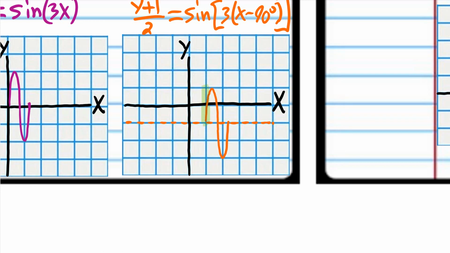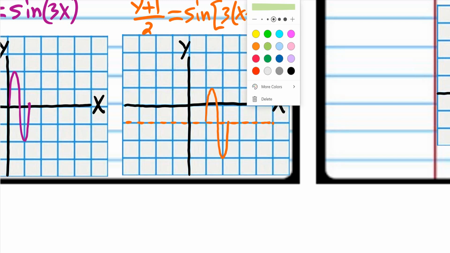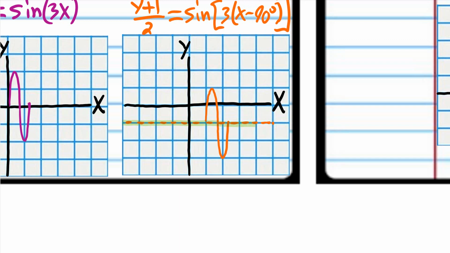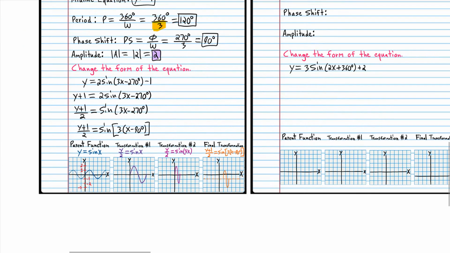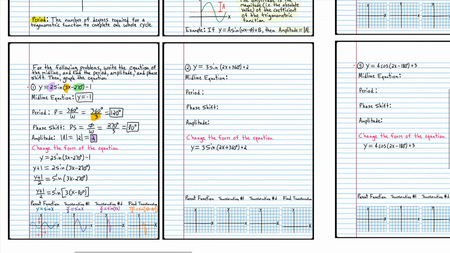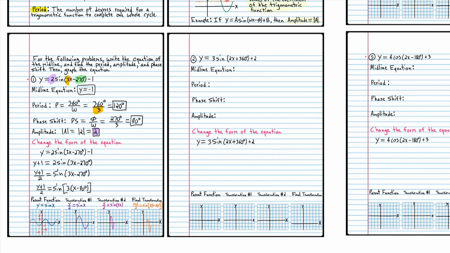So that's 2 units, as you can see there. And we found the midline is y is equal to -1. The midline is this line here. The equation is y is equal to -1. So we're using all kinds of different things that we learned in intermediate algebra to graph these equations.